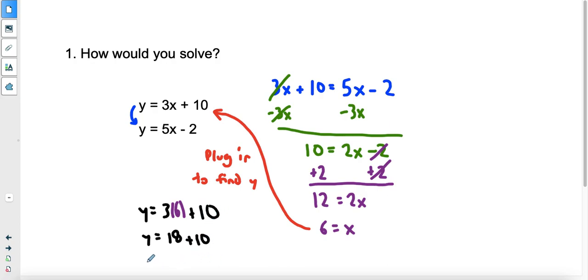And I know 18 plus 10 is just 28. So I can see my answer here is x is equal to 6 and y is equal to 28. And I can write that as a point, 6 and 28. Again, remember my x-coordinate always comes first in my point, and my y-coordinate comes second.